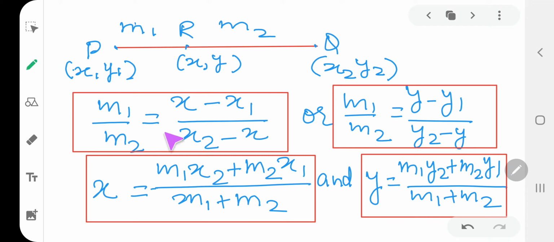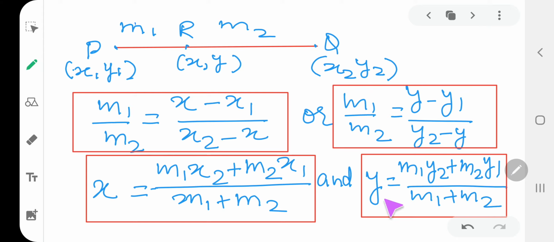When you are calculating ratio, the sign is minus. When you are calculating the coordinate, that is x and y, then the sign is plus. So this thing should settle in your mind. Similarly, if you want to find y, then m1 will sit with y2, m1 y2, m2 y1, divided by m1 plus m2.